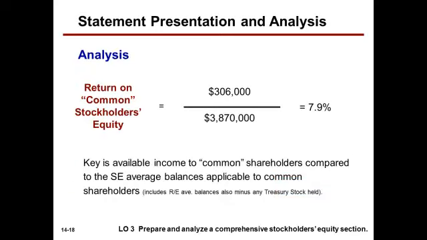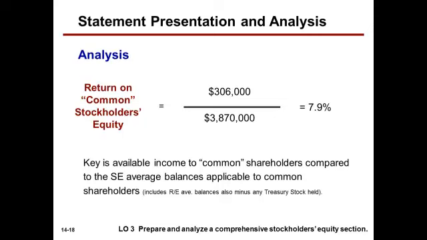If we simply take the $306,000 available to common shareholders, results of operations, divided by the average stockholders' equity related to common stockholders, we get 7.9% return on common stockholders' equity. The key here is that the amount of income available is to the common shareholders, comparing it to the stockholders' average balances applicable to those common shareholders.